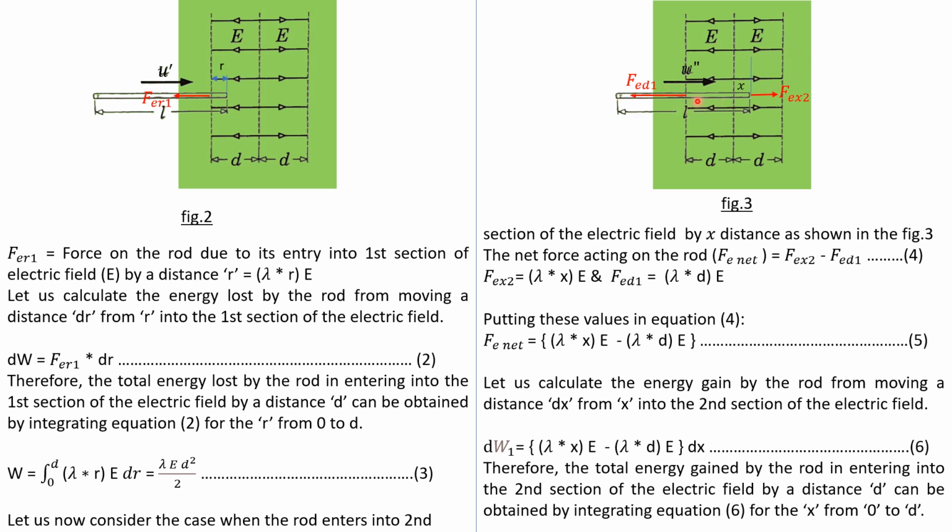F_E D1, we know lambda d will now be the charge on this rod, into E and will be acting in this direction. So we can comfortably write the net force acting on the rod in this condition as this, equation number 5.